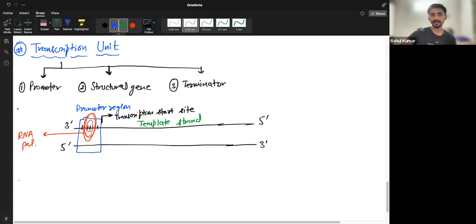And at the end, there will be another region towards the 5' end of the template strand. The sequence which will be present here will tell the RNA pol to now shed off, get off the DNA and go away. So this is called the terminator region.